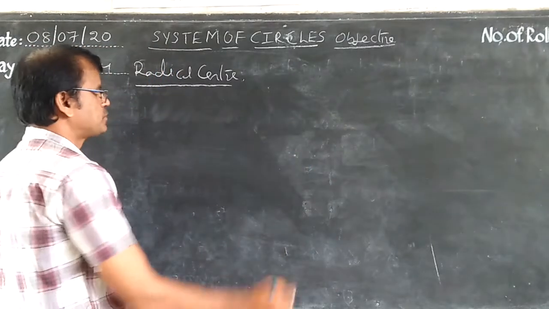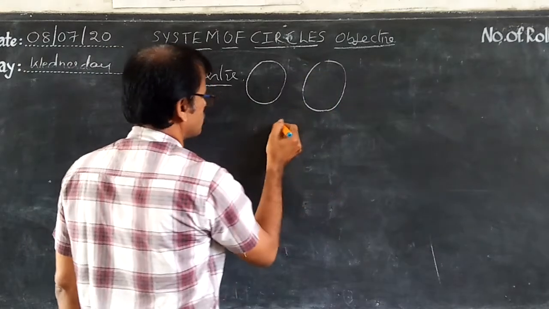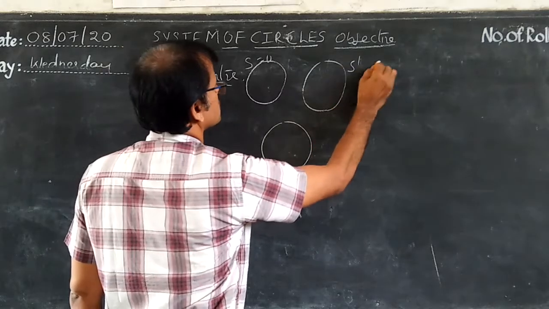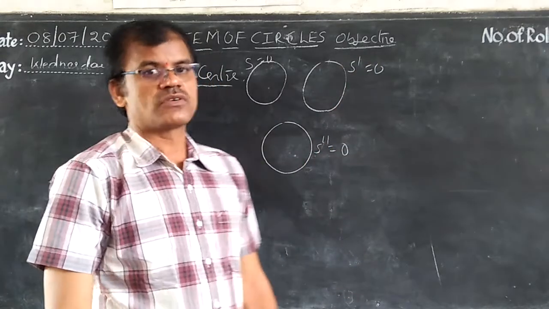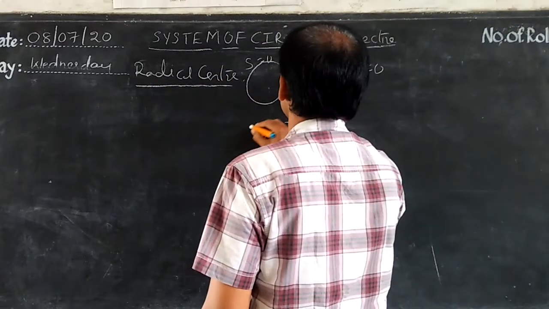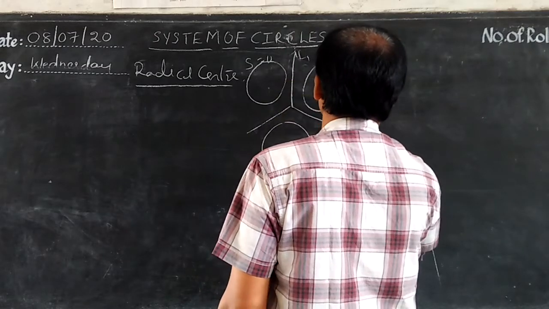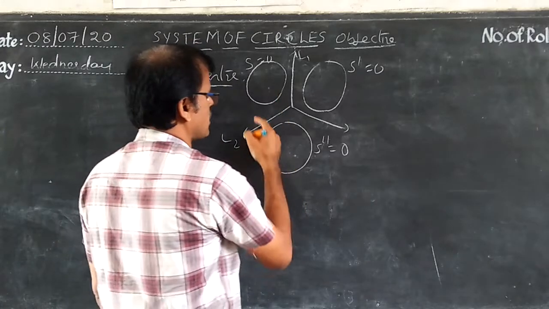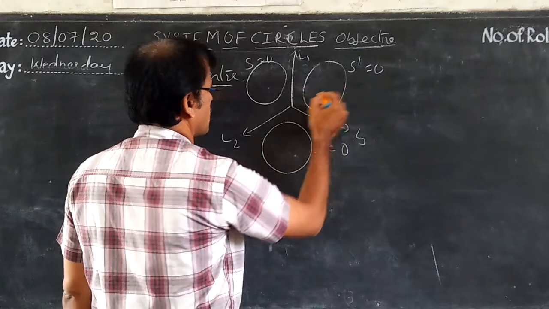So here we can understand that S equal to 0, S' equal to 0 and S'' equal to 0 are three circles. Then the line L1 is the radical axis of S, S', and line L2 is the radical axis of S, S'', and the line L3 is the radical axis of S', S''.